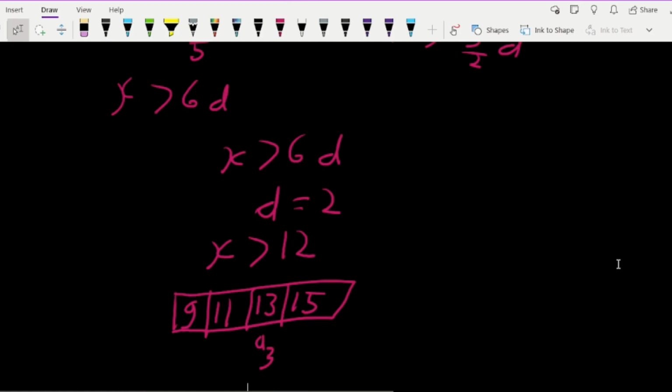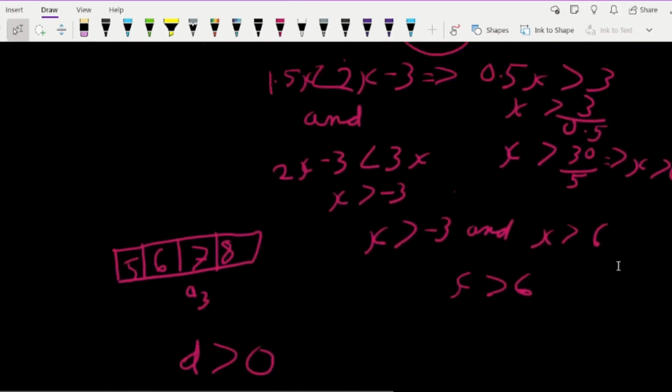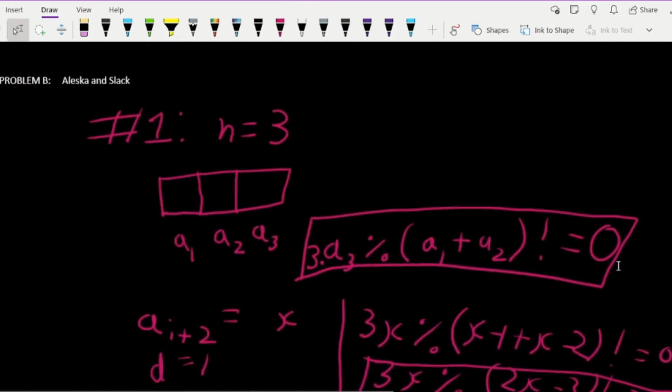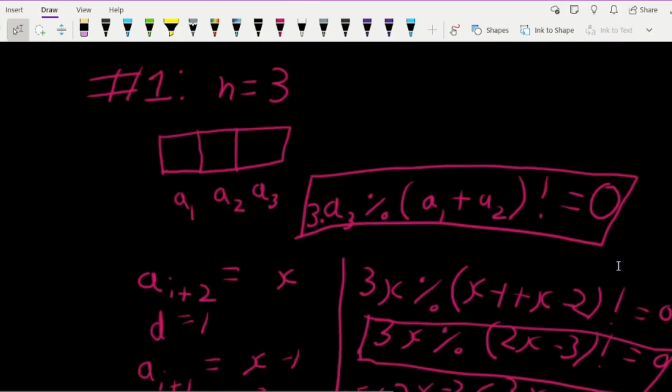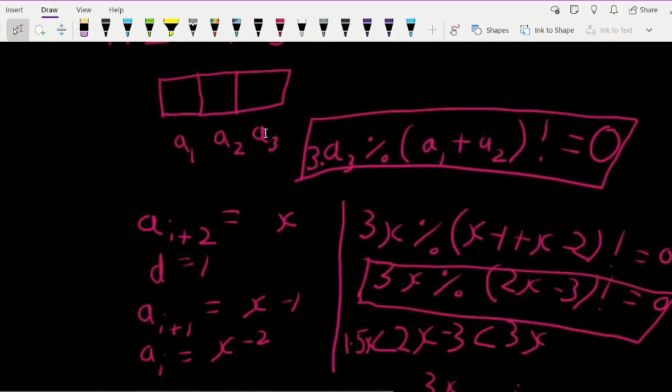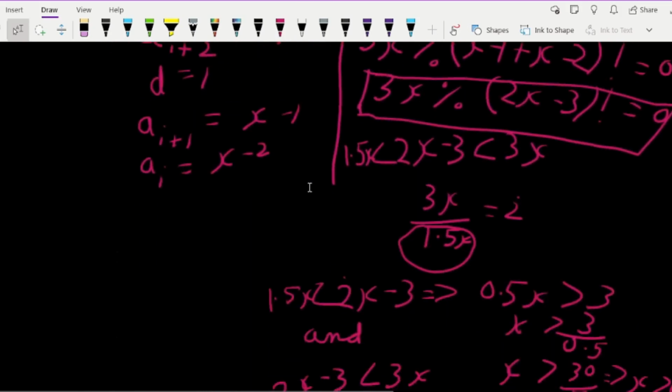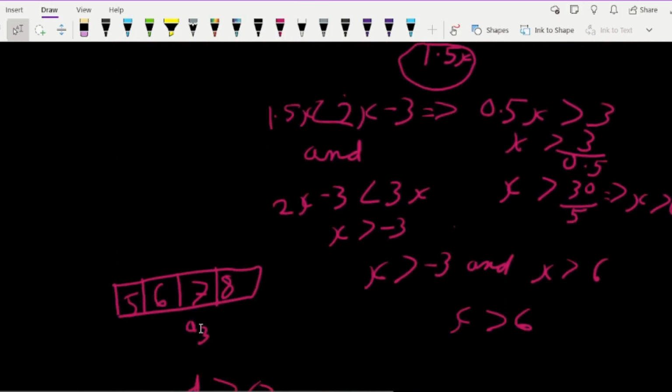And I will also be showing you that for d is equal to 1, we got the minimum value of a3 as 7.